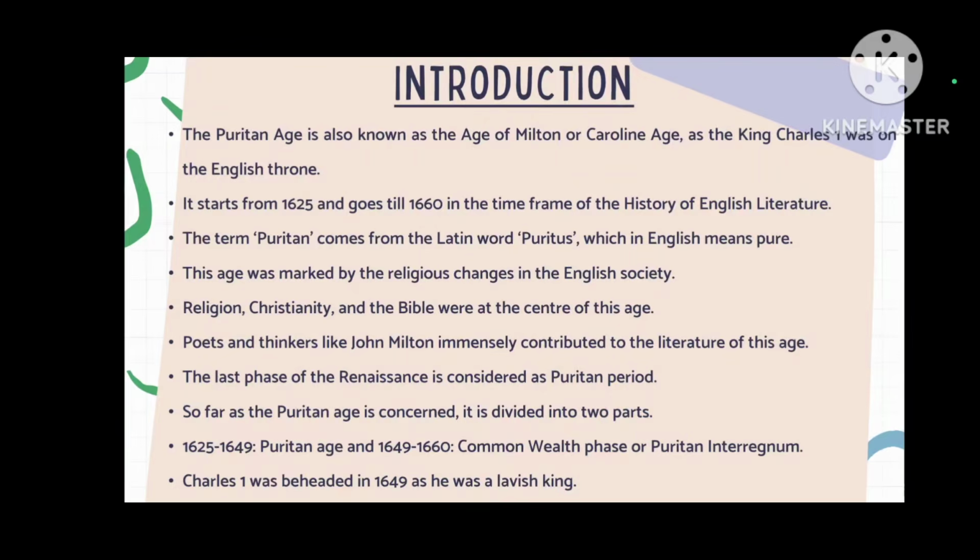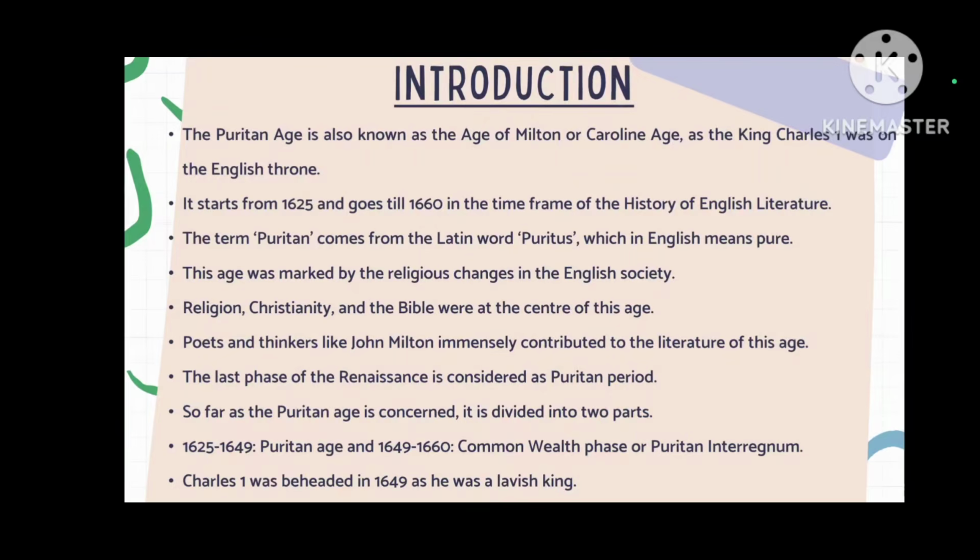So the people, particularly the Puritans, who considered themselves religious and pure people, were not happy with the ideology and the functioning of Charles I, and that's why they did a door-to-door campaign, and they said that Charles I is not the son of God.